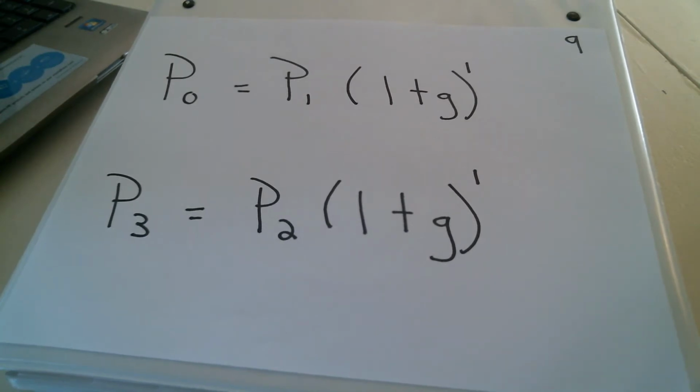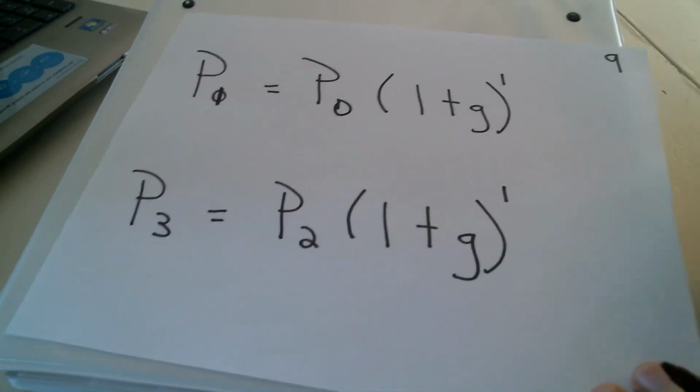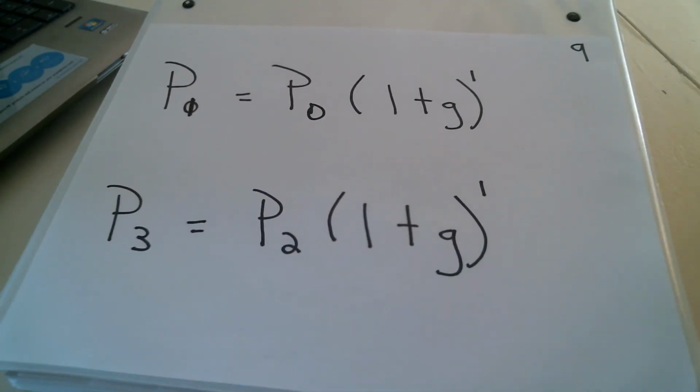So again, if we are looking for P1, we know P0. We know the growth, and for 1 year, so we simply plug in the variables and calculate it.